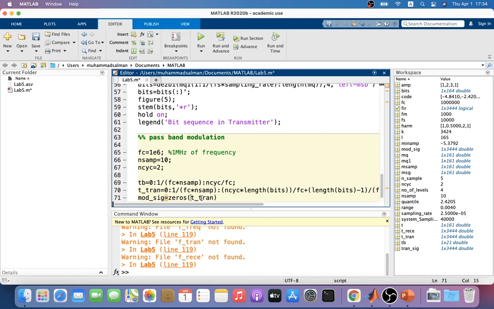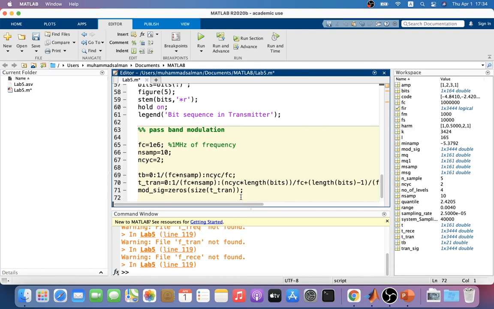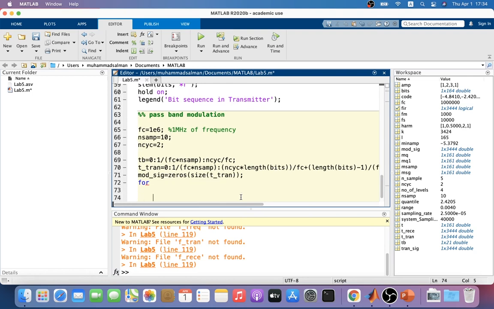And how many zeros should be there? It should be equal to the size of this T transmit, which we already defined here in line number 70. And after this I will go to the next line.